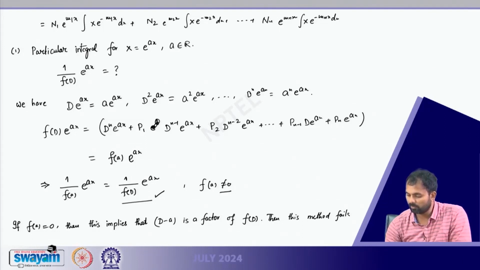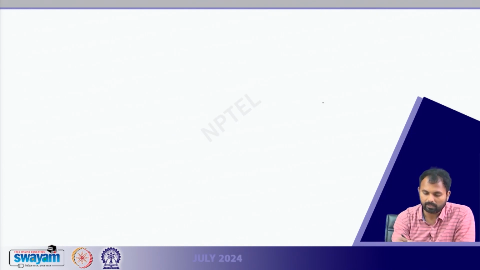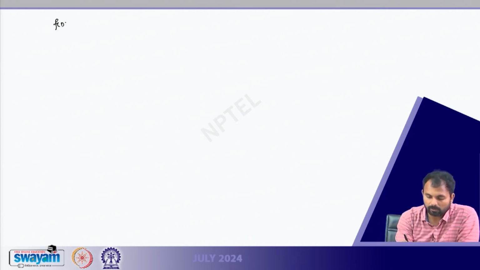So, then what do we do? This method fails, and therefore, we write F(D) equal to (D minus a) into phi(D), right.